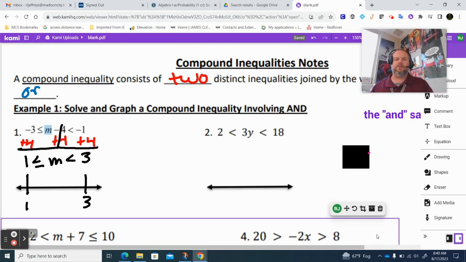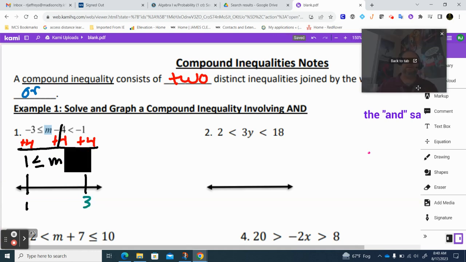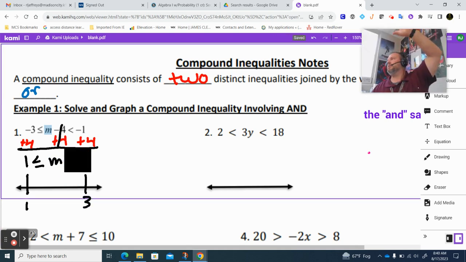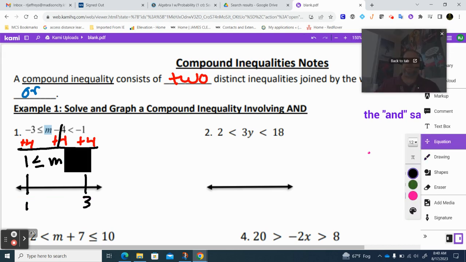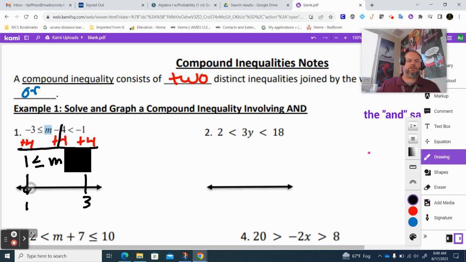All right, so if we have this right here and we cover this up, it looks like m is greater than or equal to 1, correct? So that would mean that we would have what type of circle at 1? Closed. Close it. And it's going to go this way.